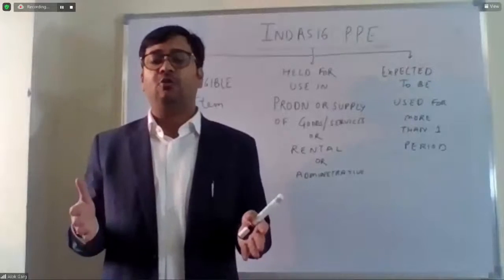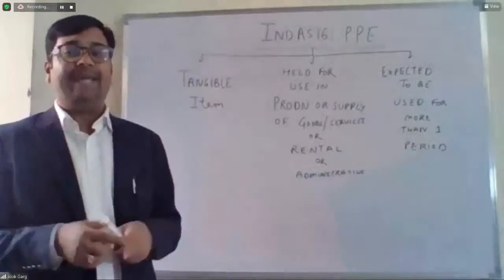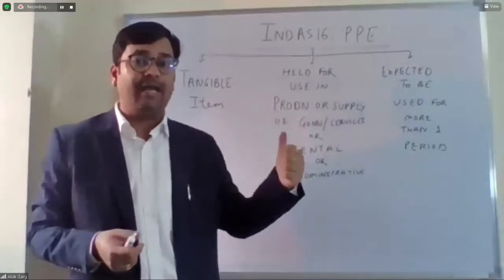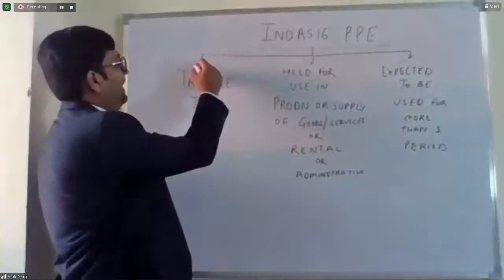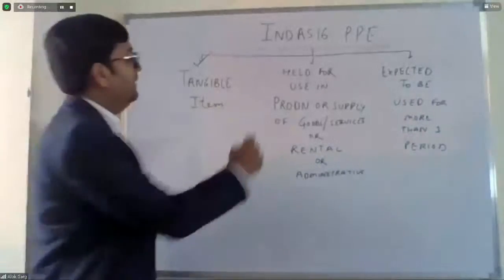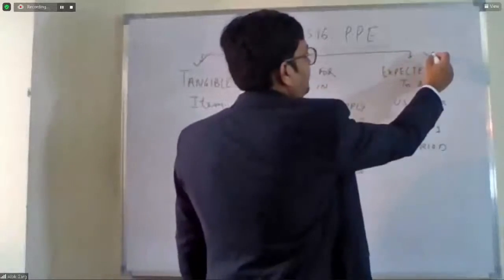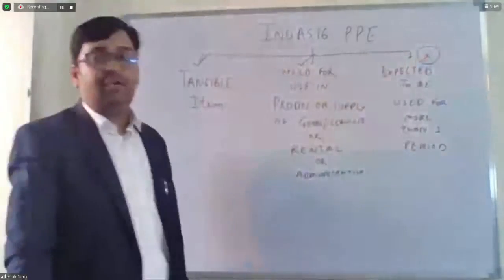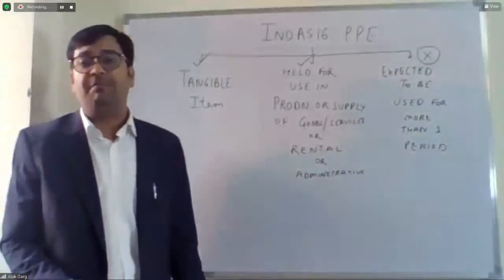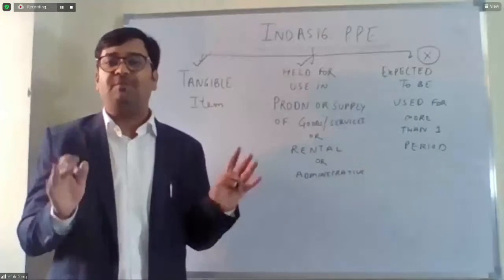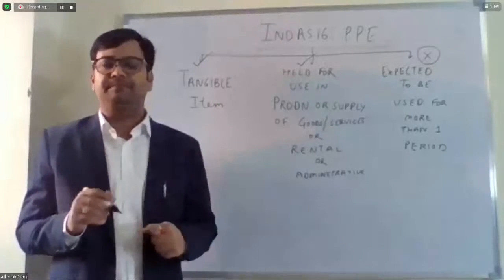Do we require to capitalize that machinery as a PPE? That is not meeting the definition of PPE. Why? Because the first leg is satisfied, the second leg is satisfied, but the third leg is not, because it is not expected to be used for more than 1 year or more than one period. So it can be expensed off.